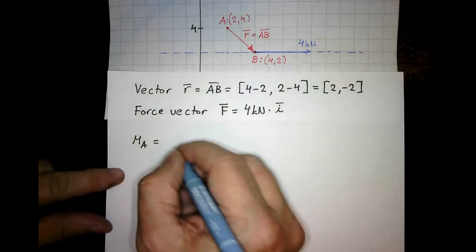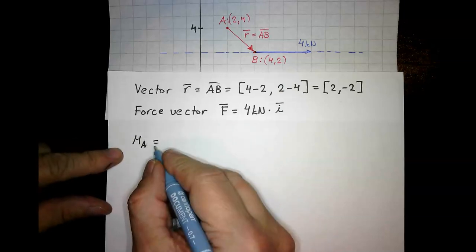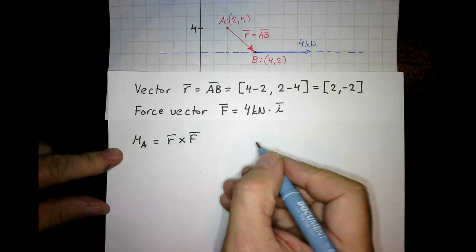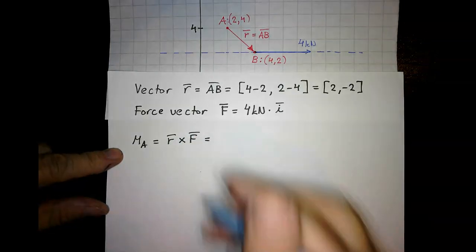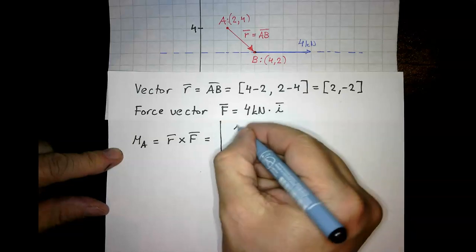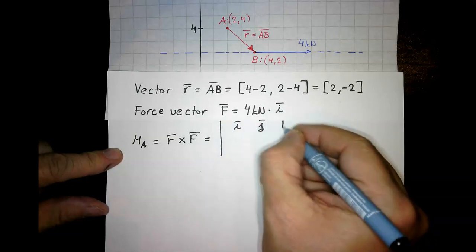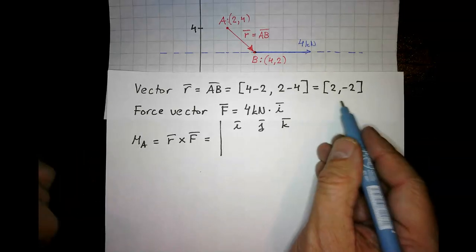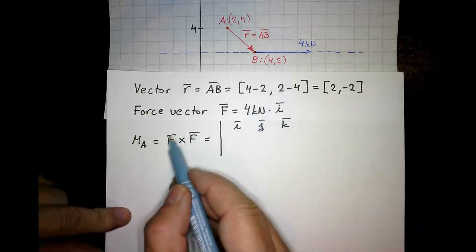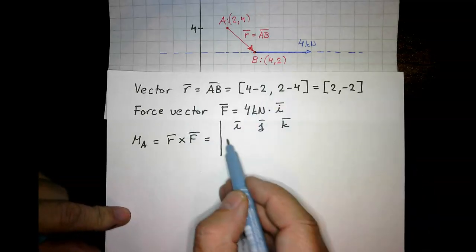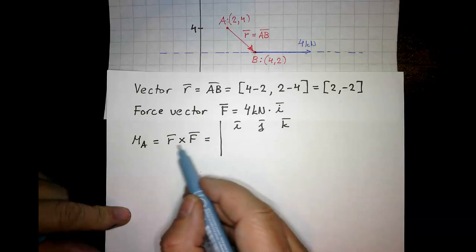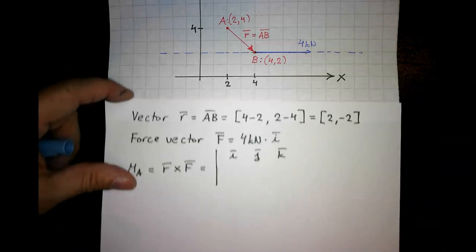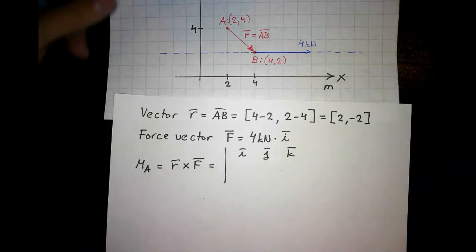And in this case, we calculate the cross product of R cross F. So this means we have vector I, vector J, vector K in the first row. The second row will be the vector R, because it's R times F. In this case, these coordinates were in meters. I have to write it there.